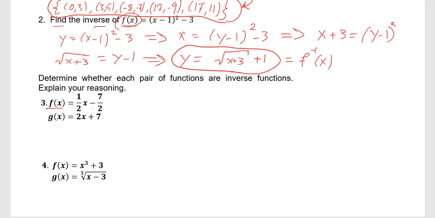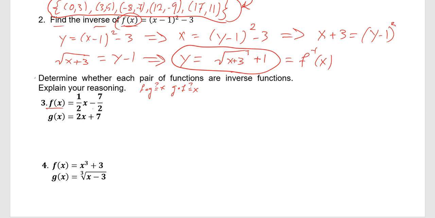Now again, we talked about the rule of composite functions and how it relates to determining whether functions are or are not inverses of each other. So in this case, we take f of g, we take g of f, and we need both of them to equal x. Okay, this is what we're going to test.